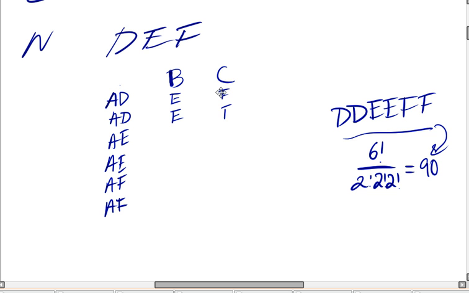Once B plays these 2, all the other arrangements are determined. So for this to happen, we have 2 possible ways, since B could either play E twice or F twice. So there are 2 ways for that to happen.